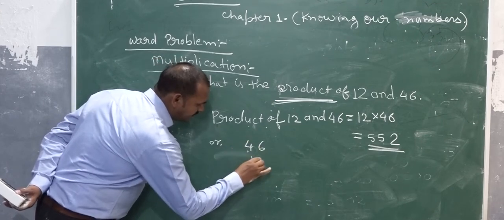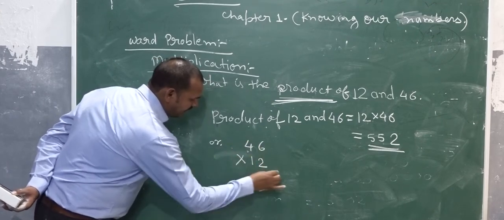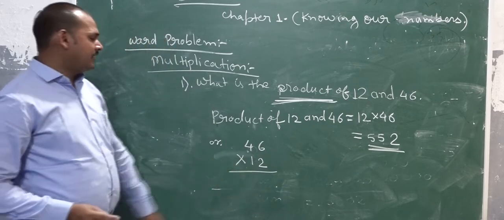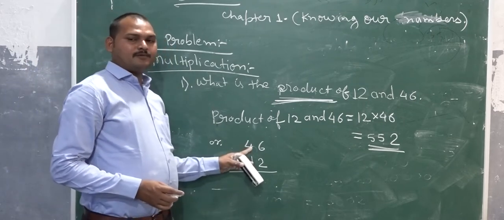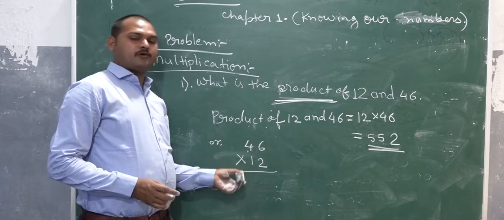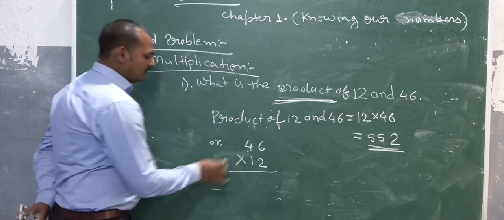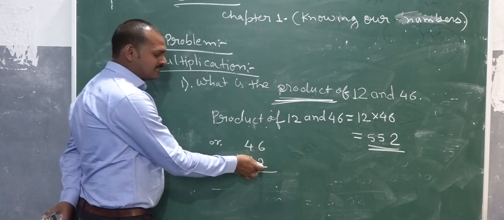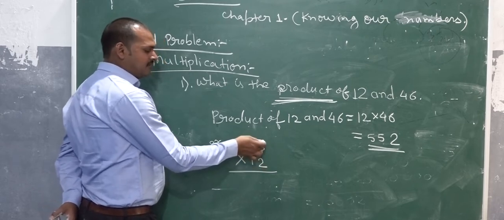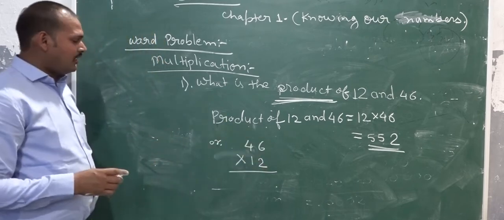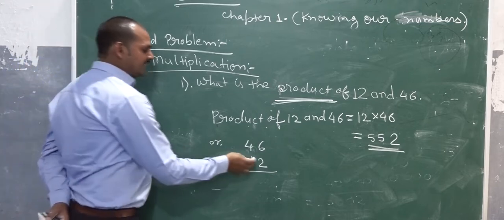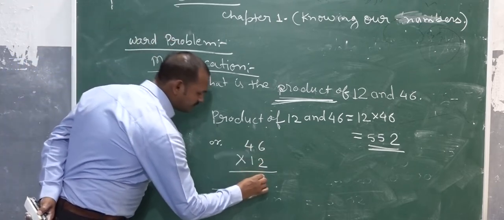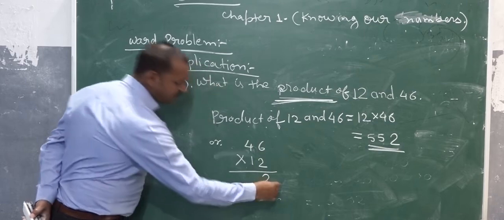46 into 12. Any numbers you can write either 46 on a book or 12 on a book. So we take this one's place of the downside and one's place of the upside. We read the table: 2 6s are how much? 12.